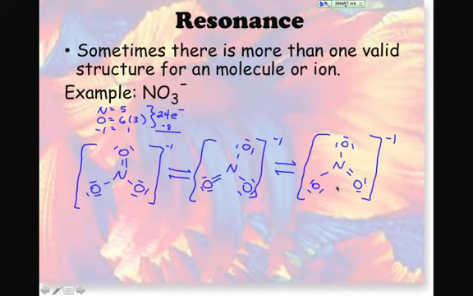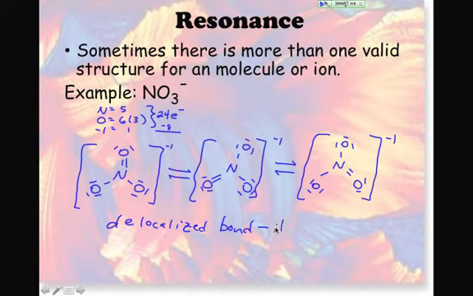Absolutely nothing. They're all valid, but none of them actually exist because we consider that bond to be delocalized. That double bond is delocalized because it doesn't stay in one place. And it doesn't switch between them either.